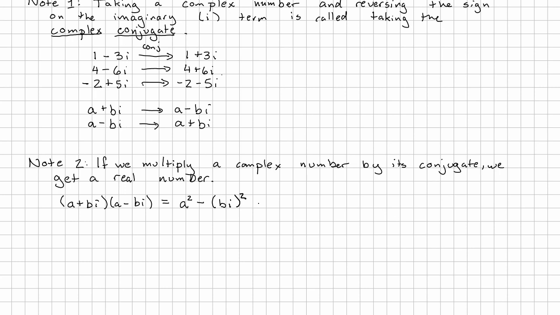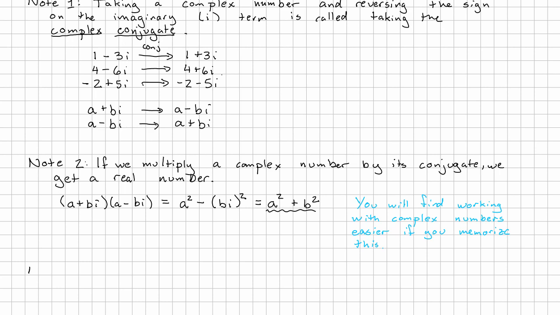Or, remembering that i squared is negative 1, we get just a squared plus b squared. Now, you don't need to memorize this, because just multiplying the whole thing out will get you there. However, you will find it much easier to work with complex numbers if you do memorize this: that a complex number times its conjugate gives you a squared plus b squared.